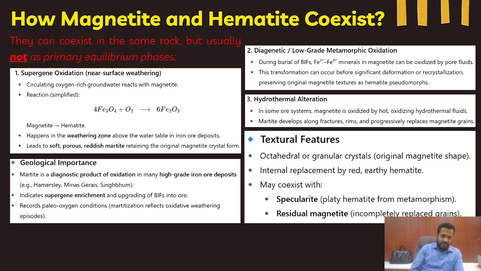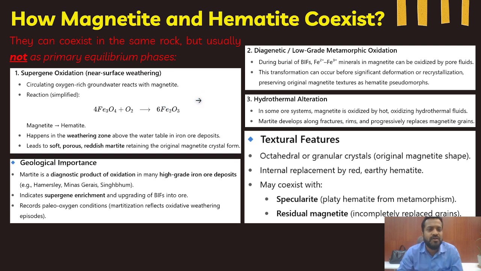What are the exact mechanisms? See this reaction, try to remember: Fe3O4 plus O2, the entire thing becomes Fe2O3. So +2 and +3, both valence states, occur in magnetite. When it is converted into hematite, all will be in the +3 state.